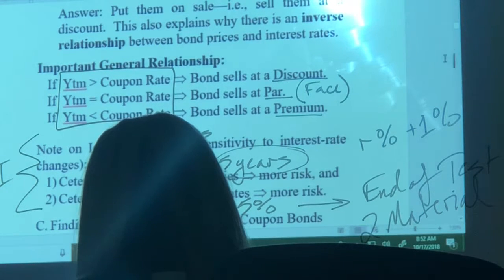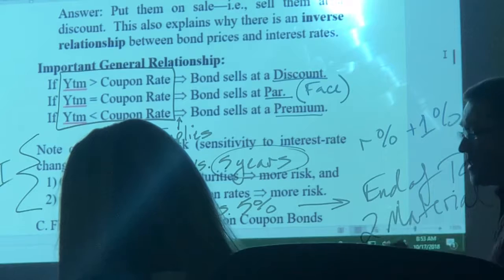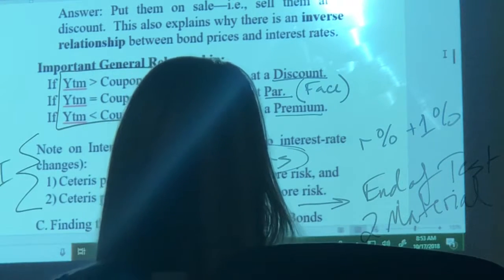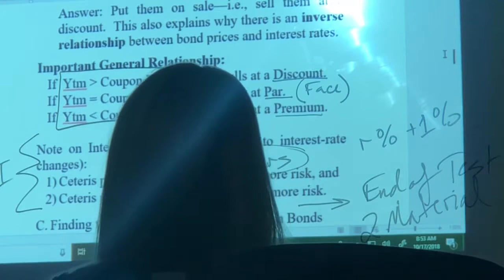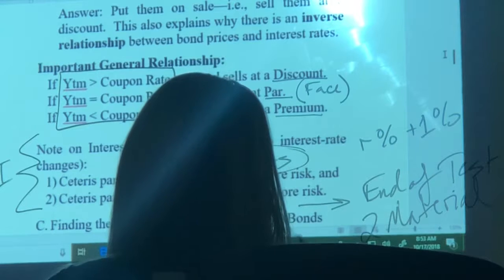Okay. Now, one thing I do want to point out. This is the end of the material for test 2. That is correct. However, test 3 is going to start with the beginning of lecture note 6. So you're going to see coupon bond pricing again.